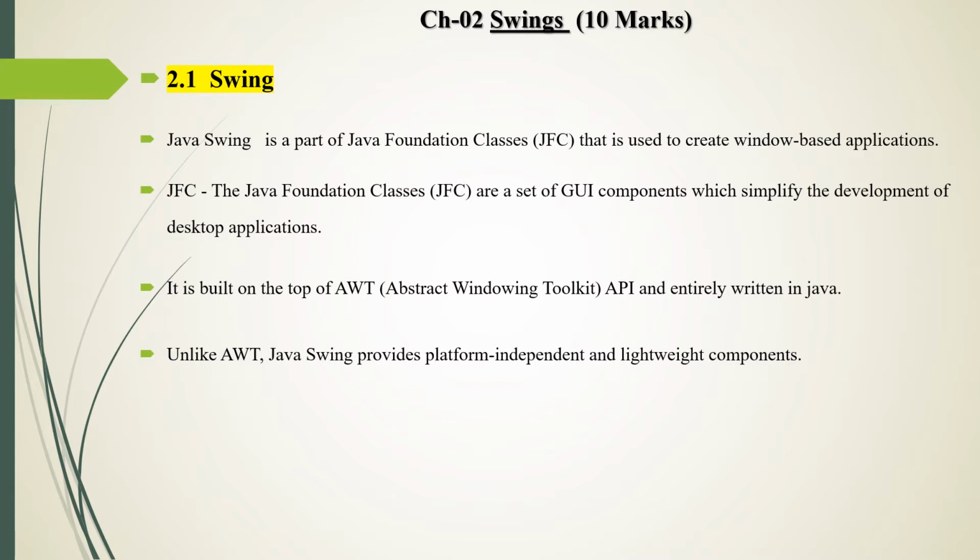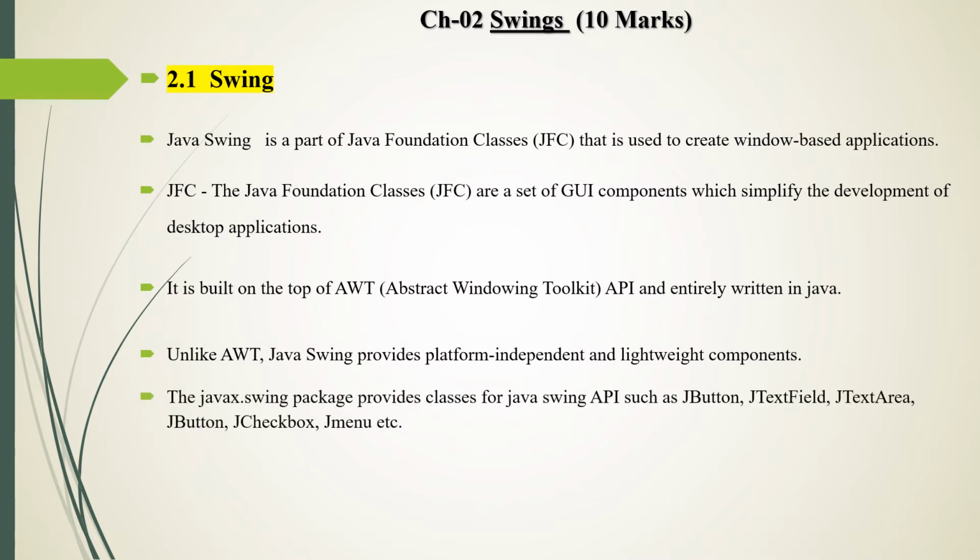So these are some features of Swing. Swing components are platform independent and lightweight. Lightweight in the sense that they use less memory than AWT components. Then the javax.swing package provides the classes for the Java Swing API such as JButton, JTextField, JTextArea, JCheckbox, JMenu.